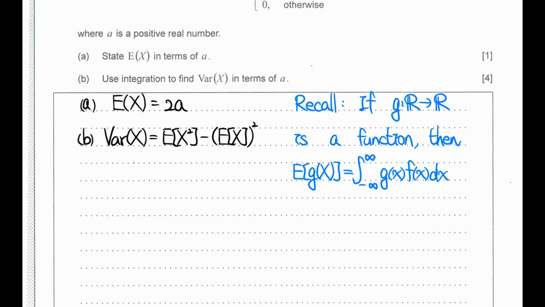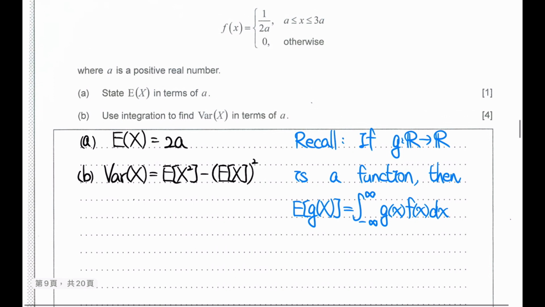If we have a function g, then the expectation of g of x will just be the integral from negative infinity to positive infinity of g of x times f of x dx, where f of x here is the probability density function of x. Okay, so with this property, now we can calculate the expectation of x squared.